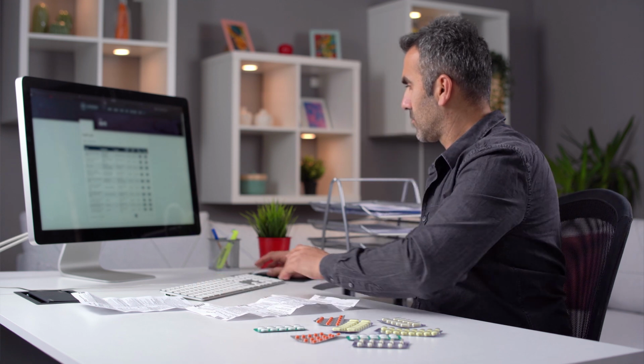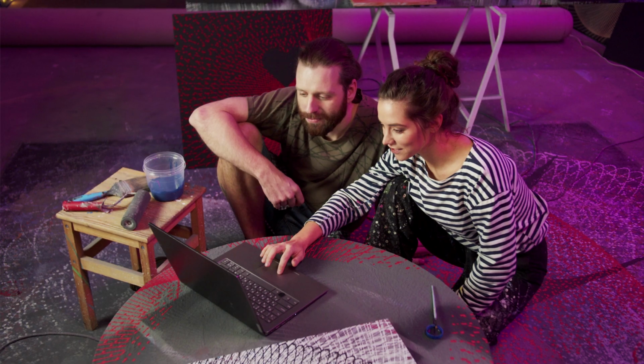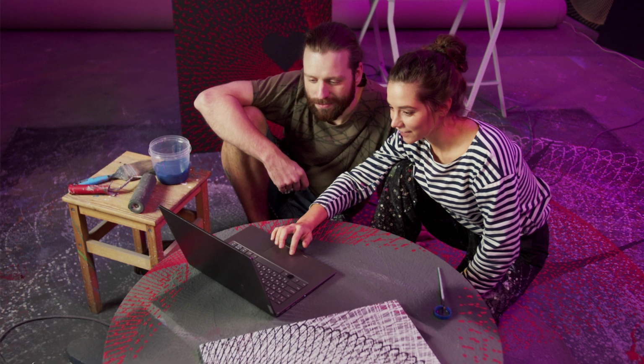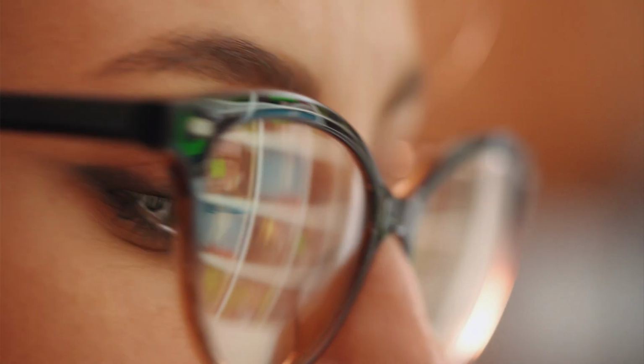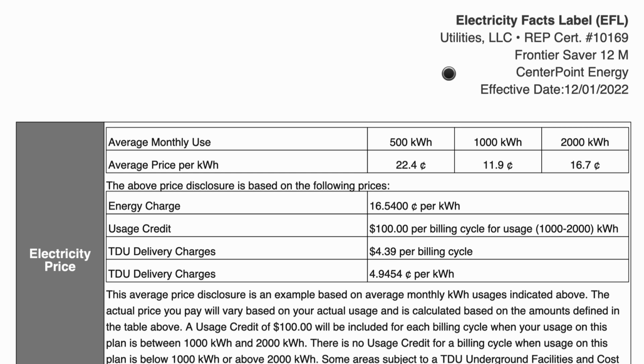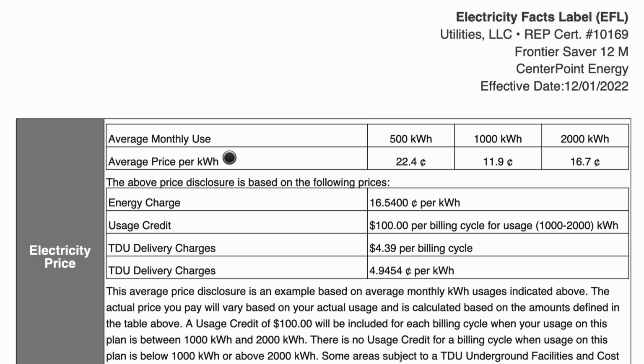If you're currently looking for electricity plans, this video will help you understand how much you will be paying based on your average usage. Now, the first thing that we have to do is to always check the electricity facts label, or the EFL document. In this document, you will find the average price per kilowatt hour.